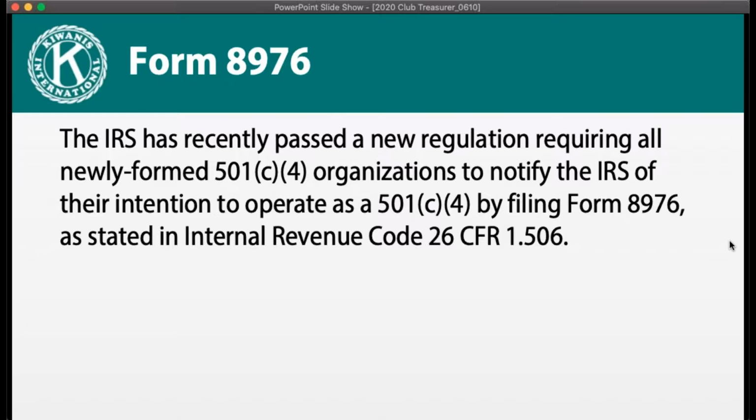Because of this current practice, Kiwanis did reach out for clarification from the IRS about whether or not new Kiwanis clubs are required to file this. On September 29th of 2016, KI was notified by the IRS through our tax advisors, BKD, that all new Kiwanis clubs need to file Form 8976, and it does not matter that the club is part of a group exemption.